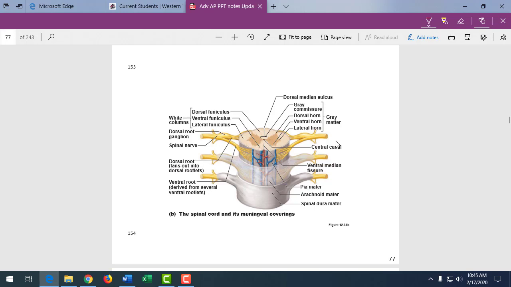So if I have damage to a spinal nerve and I damage just the ventral root, am I going to have numbness or paralysis? Or both? Just the ventral root was damaged. Paralysis, because that's the movement, that's the motor response. I'm going to have paralysis. If just the dorsal root is damaged, I'm going to have numbness, no sensation coming in, right?